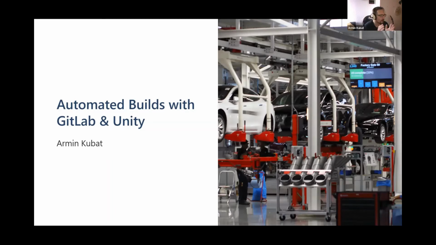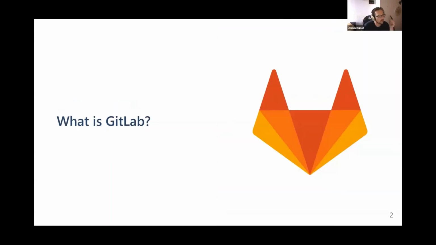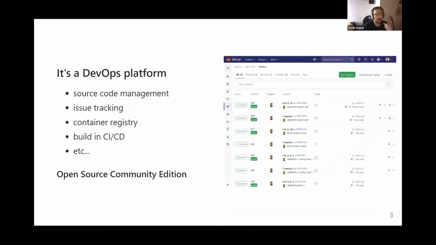I don't know how many of you have worked with GitLab or have experience with GitLab, but just in case it's not everybody, let's ask, so what is GitLab? GitLab is a development operation platform, and there are self-hosted editions, and there are two editions.